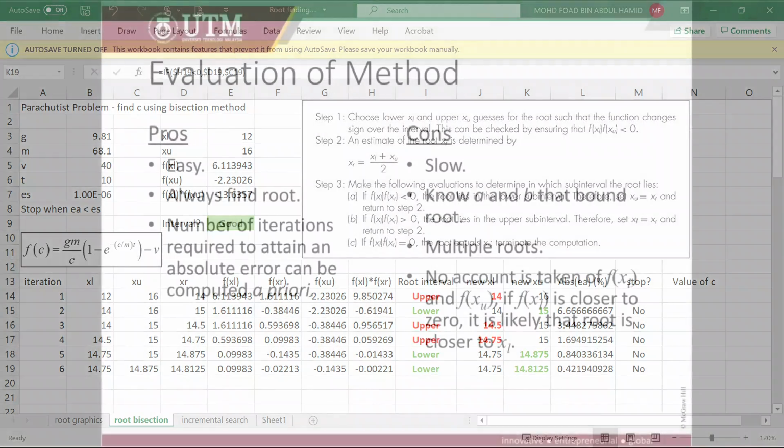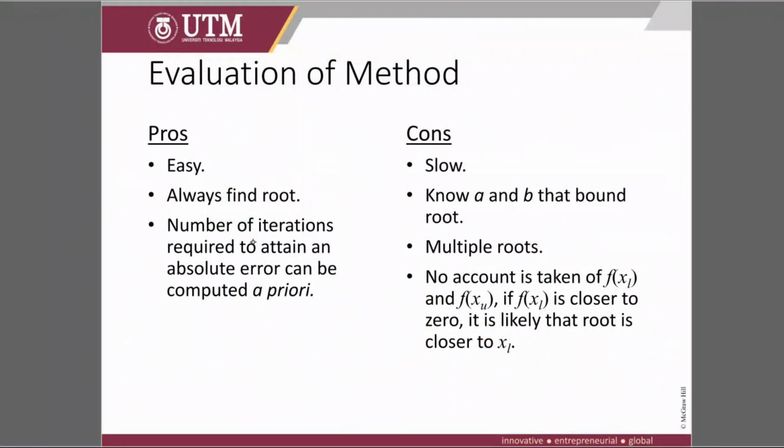Now let's continue. The number of iterations required to attain an absolute error can be computed a priori. So a priori means beforehand. We know the value before the current iteration, so we can calculate the iterations. Remember for the following parameters, when we did the analytical solution, we had a priori information.